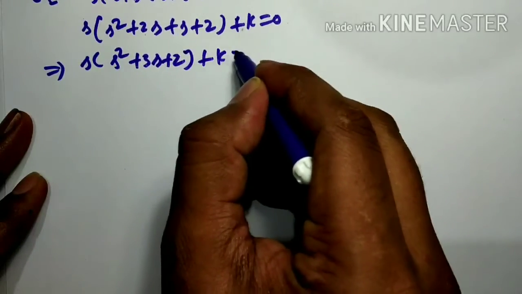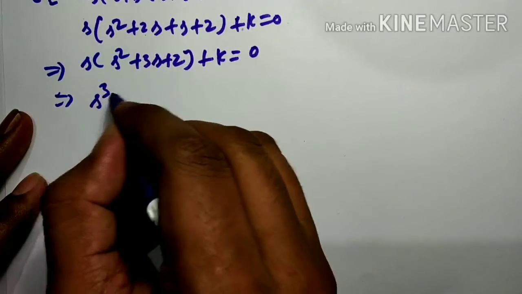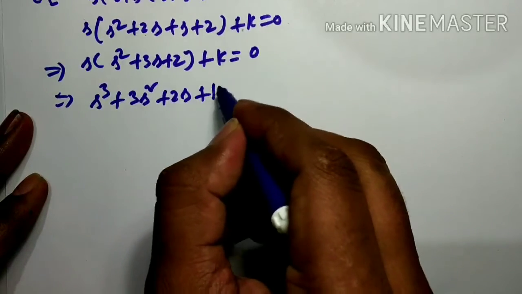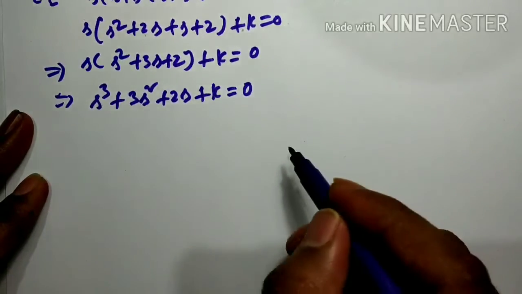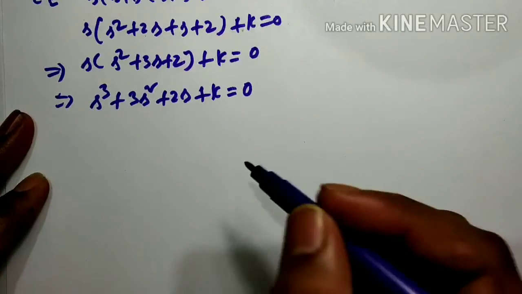Then multiplying by s, we get s cube plus 3s square plus 2s plus K is equal to 0.